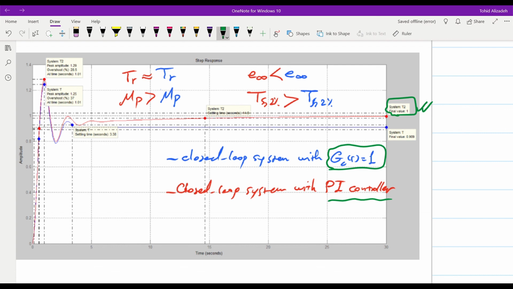In terms of the settling time, we will have a bigger settling time for sure with the PI controller introduced. In terms of the overshoot, we will also have a bit bigger overshoot because the phase margin that we have is a little bit smaller, and the rise time is almost the same as the system with GC of S equal to 1.